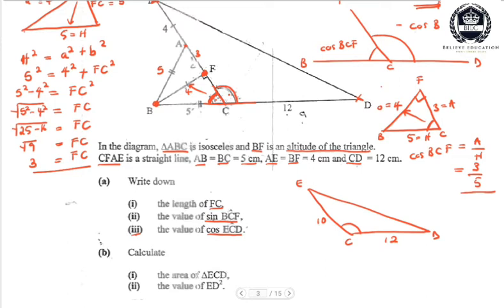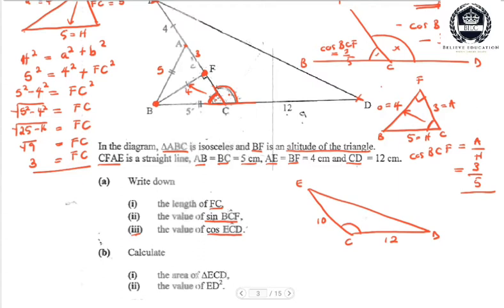So it would be the relationship now between these two angles, this one and this one, is that this one is the negative of this one. So it means here it will be minus 3 over 5, if this one is equal to 3 over 5. So we now have that value. So the value for cos ECD, we have it, right?